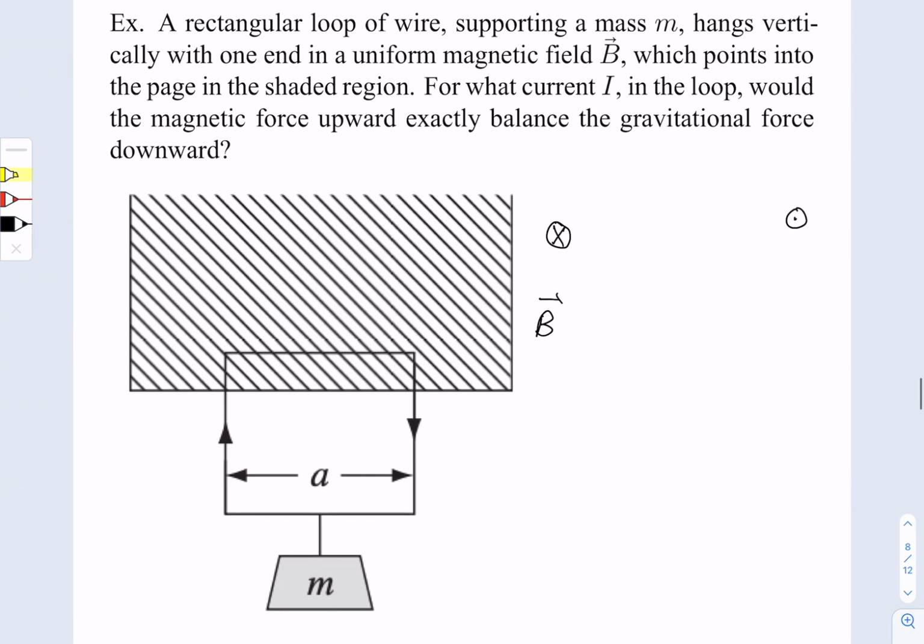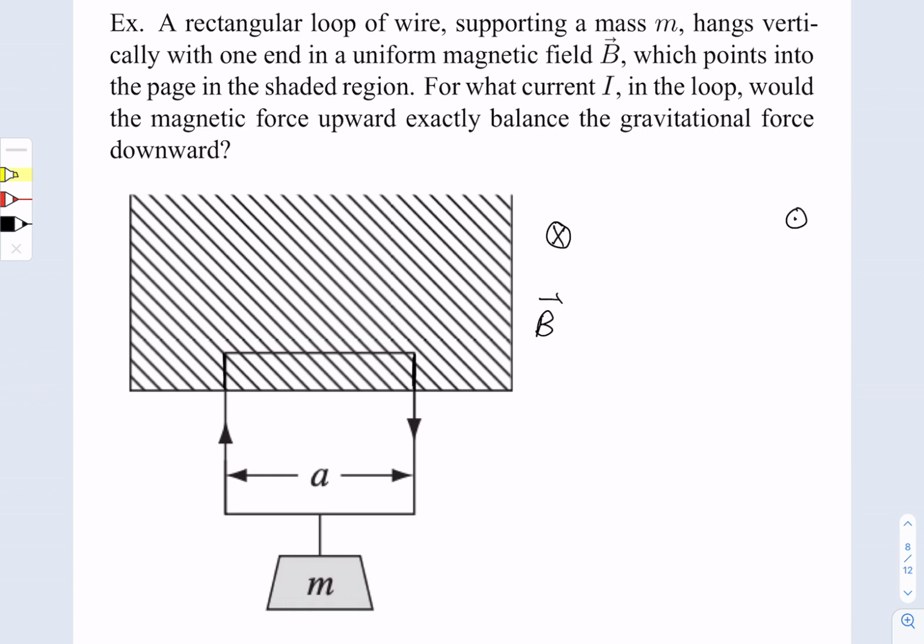So here we are trying to balance weight using a magnetic force. Here we don't consider the force produced by these two sides, because I think they cancel each other.